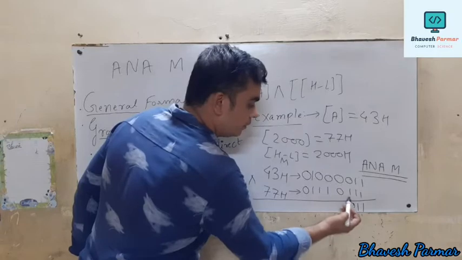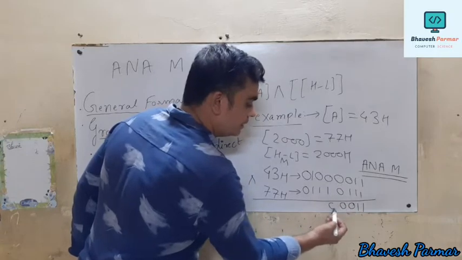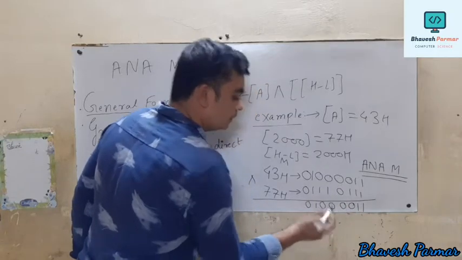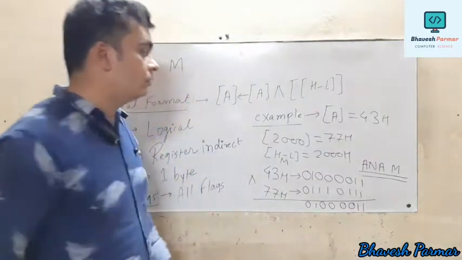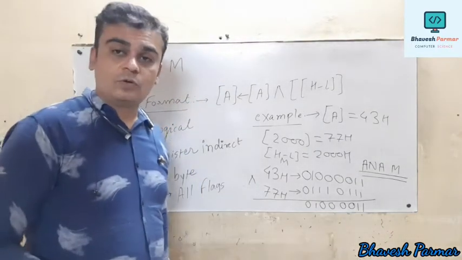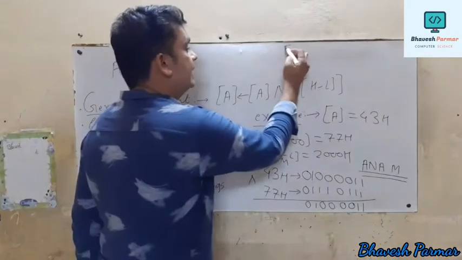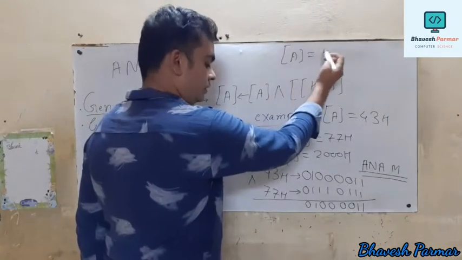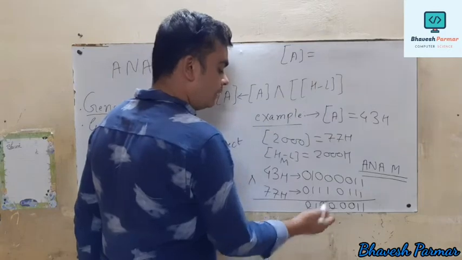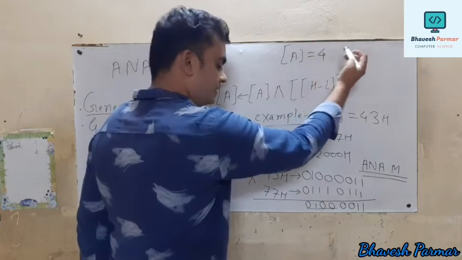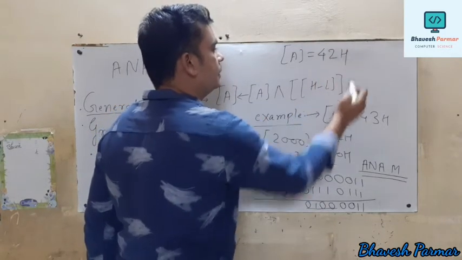For different input, or 0 0, it will be 0. In this way I find the answer. My answer is 0 1 0 0 0 0 1 0. If I make groups of 4 digits, my answer is 42H.